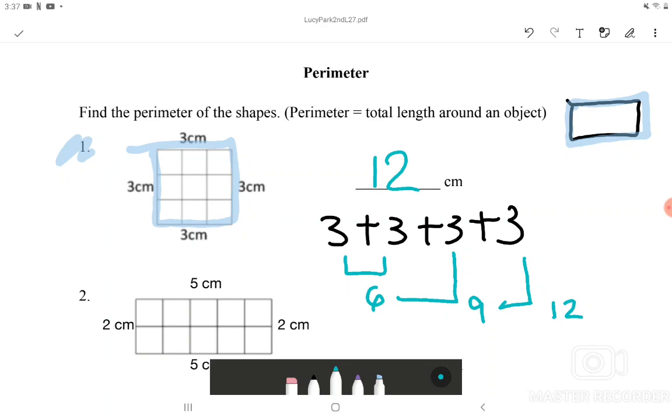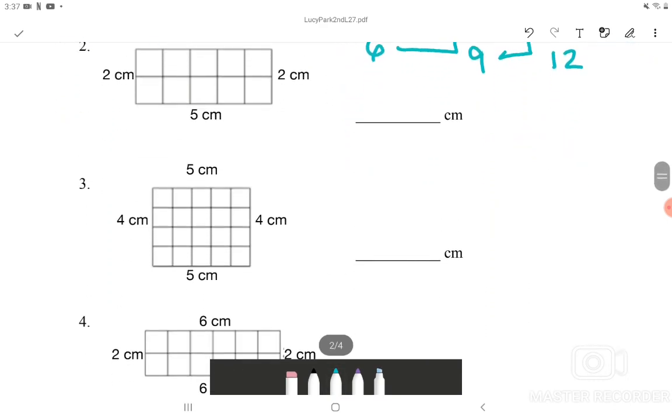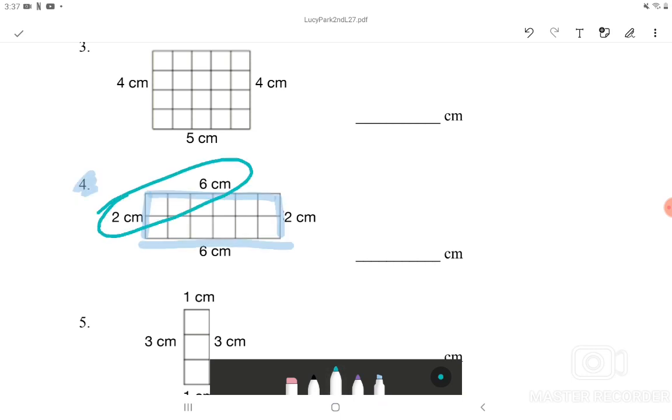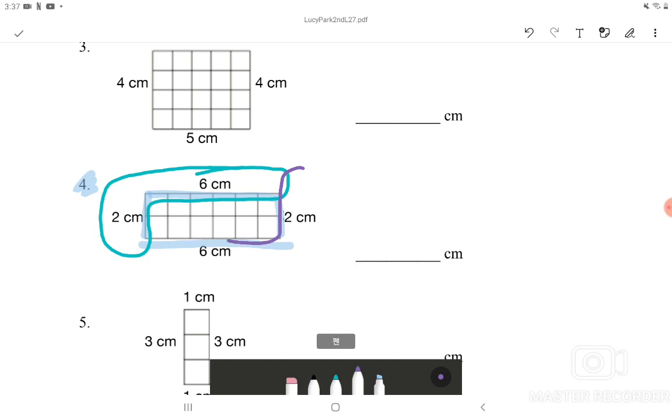When we look at number 4, we see that there are 2 centimeters and 6 centimeters. And we know that the length of this side is equal to this side, because both of them have a 2 centimeter and a 6 centimeter part.